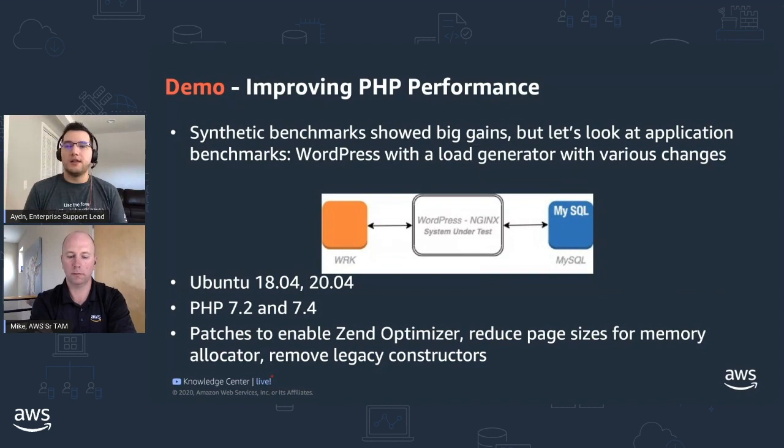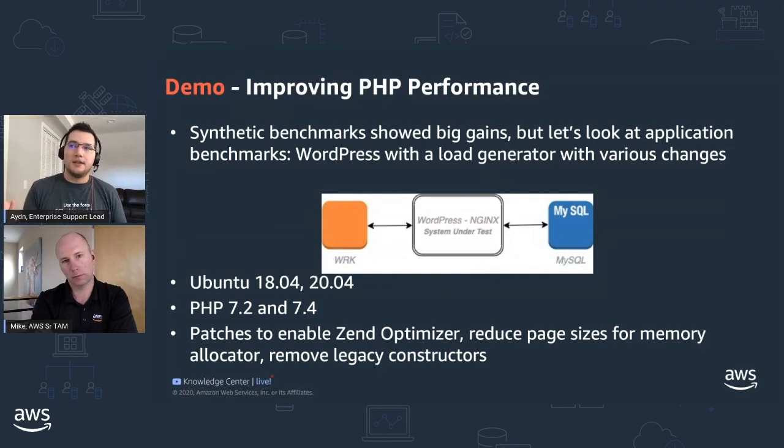And the design here is we have a load generator, WRK, doing the HTTP requests as fast as it can. We have a system under test, which is at 95% CPU usage, running WordPress with an Nginx FastCGI web server, and lastly, a separate EC2 instance running MySQL.